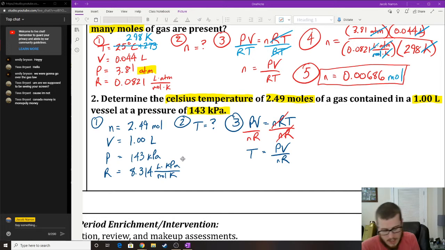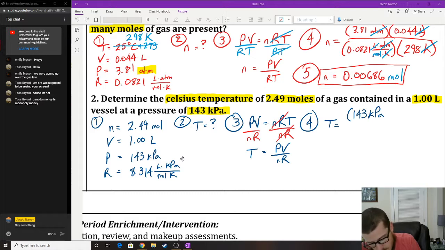Everything else is on the other side, which means I'm ready to move on to step number 4, where we write some stuff in. So now I'm going to start plugging in numbers. Pressure, I can see right there, it says 143 kilopascals. Volume, 1.00 liters. And I'm going to divide all this by number of moles, 2.49 moles.